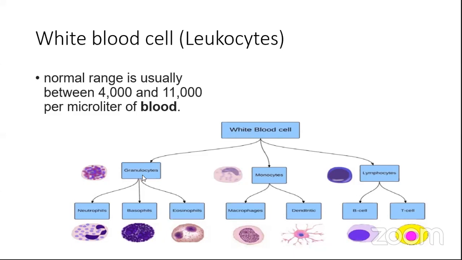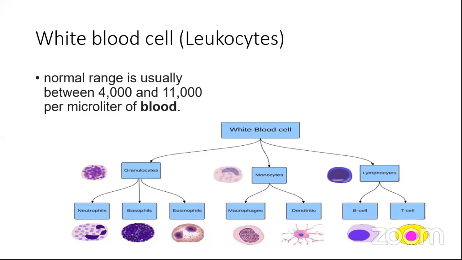There are three types in granulocytes: neutrophil, basophil, and eosinophil. These are white blood cells that have granules inside, and they are multi-lobed. One thing I forgot to tell you: matured red blood cells do not have any nucleus, but white blood cells have a nucleus inside.